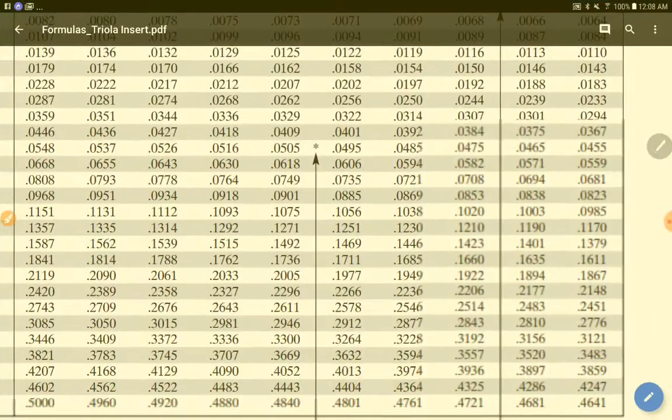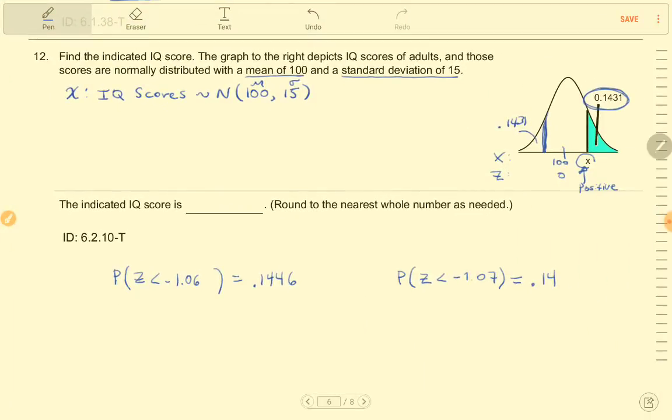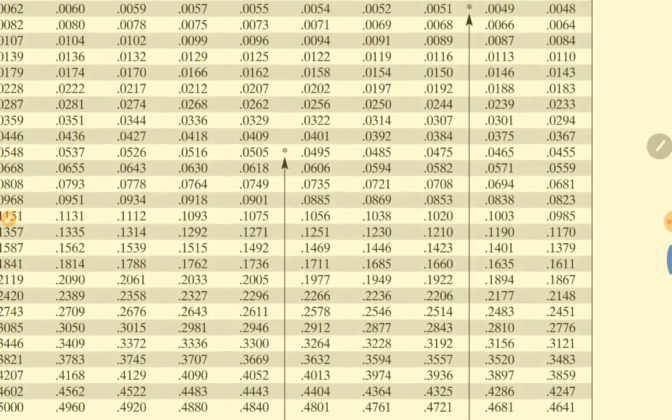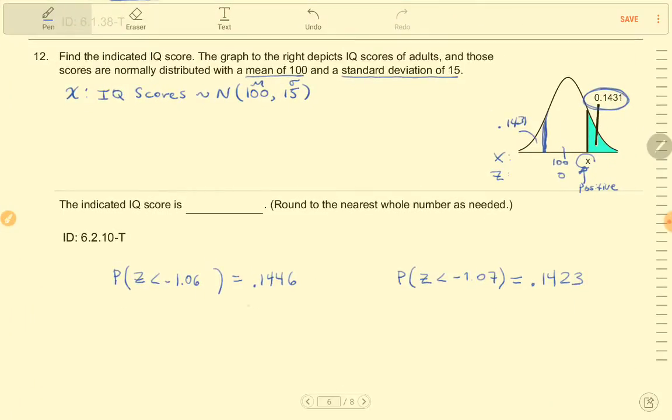Okay, so the 0.1446 and 0.1423. Okay, so that's all correct. Now the distance: 0.1446 minus 0.1431 is 0.0015.